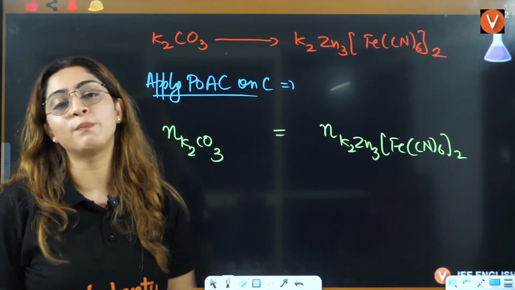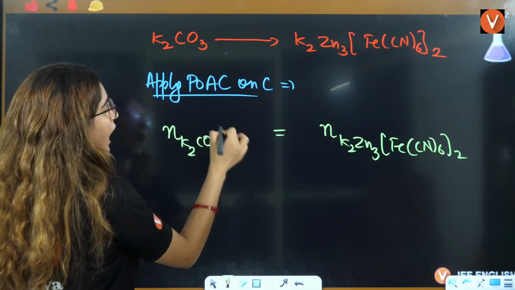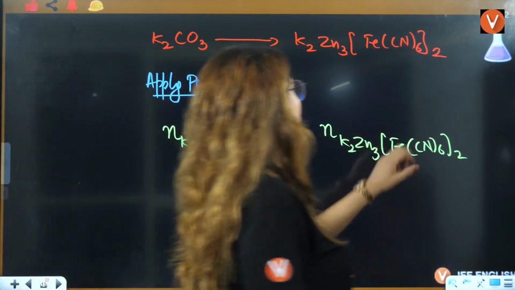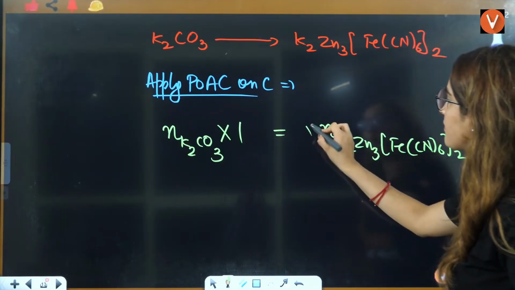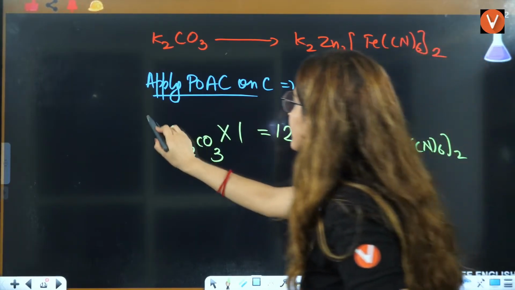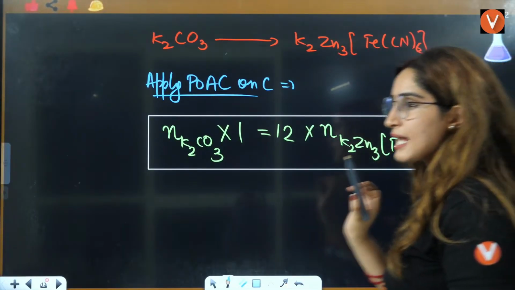That's why I can apply POAC here, right? Now if you see here, how many carbons do you have? You have 1 carbon, so it is multiplied by 1. Here, how many carbons do you have? 6 into 2, you have 12 carbons. So you will multiply it with 12. That is going to be your equation after applying POAC.